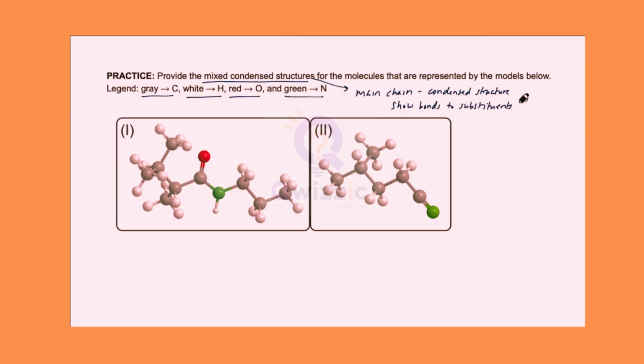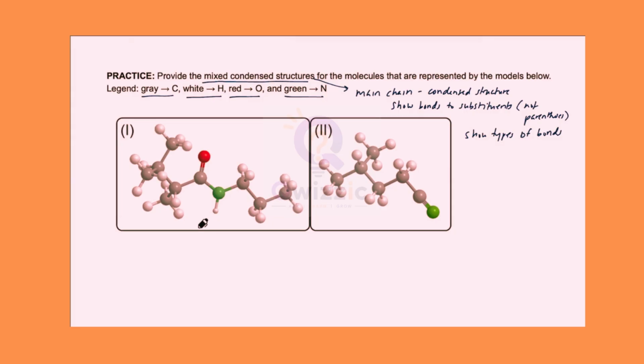So we show the bonds to the substituents, so not parentheses. And we show the types of bonds, even in the main chain, so whether there's triple or double bonds. So it's just a little bit more informative than a plain old condensed structure, or a little easier to read, I think. So let's look at molecule number 1.